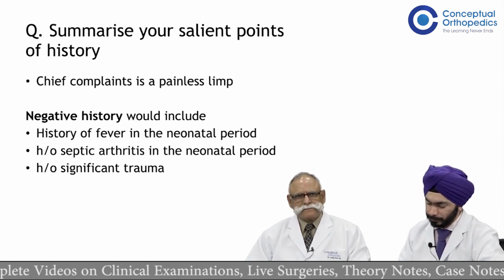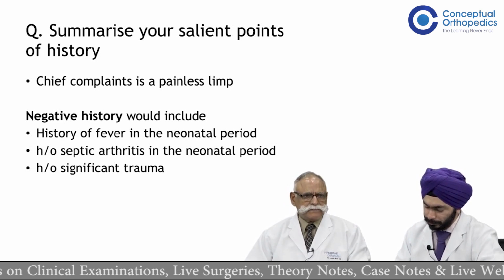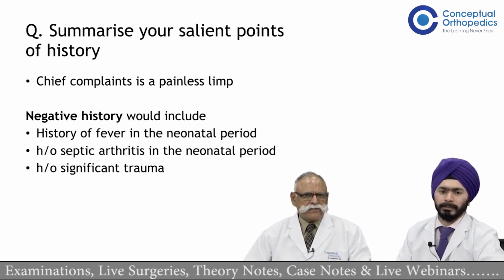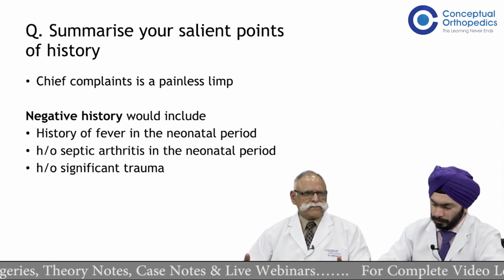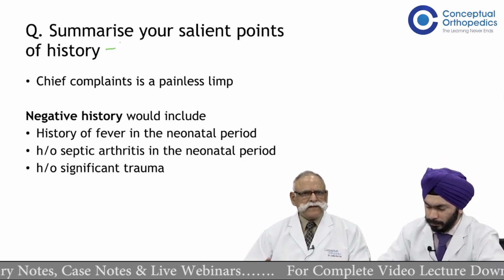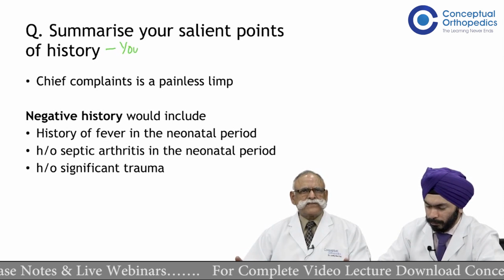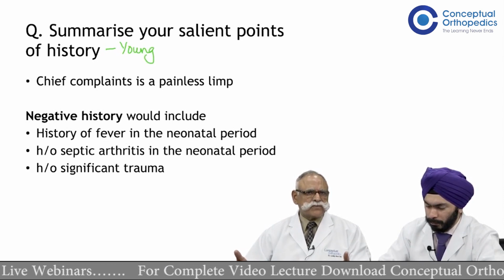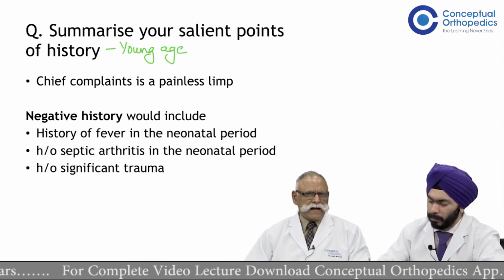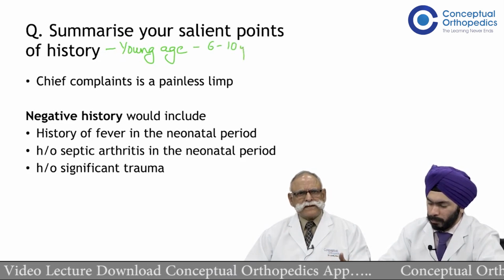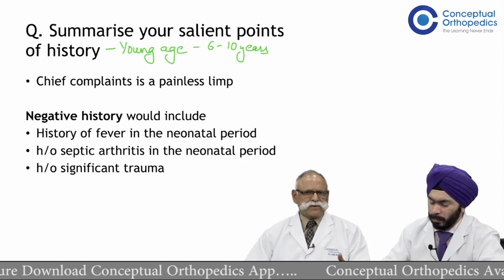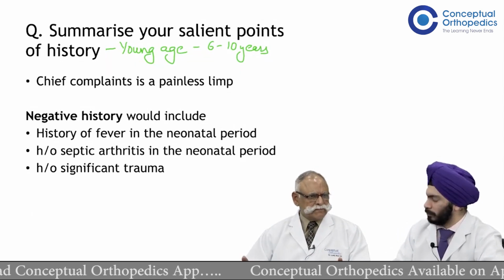Most of the time, a patient of Perthes disease is a young boy, normally somewhere between 6 to 10 years of age. Parents bring the child because he's been having a limp.